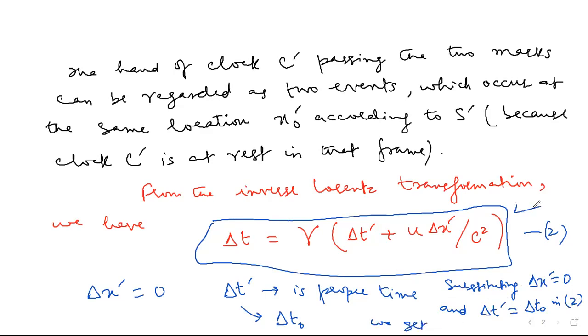When you do it, this term will vanish because delta x prime is 0. So you will simply get delta t equal to gamma times delta t naught.